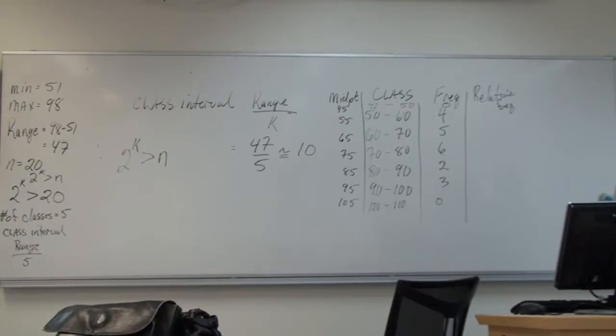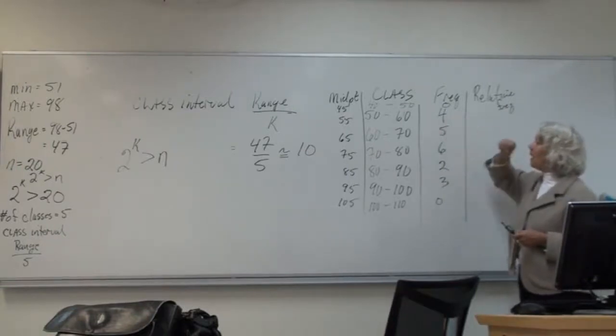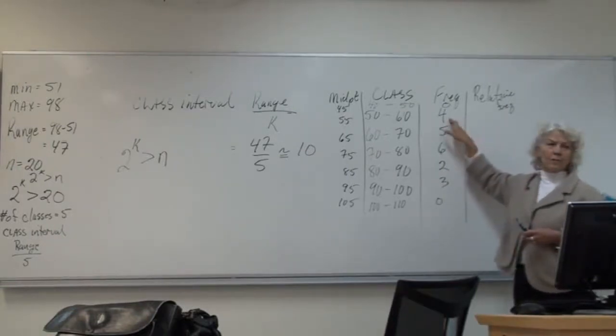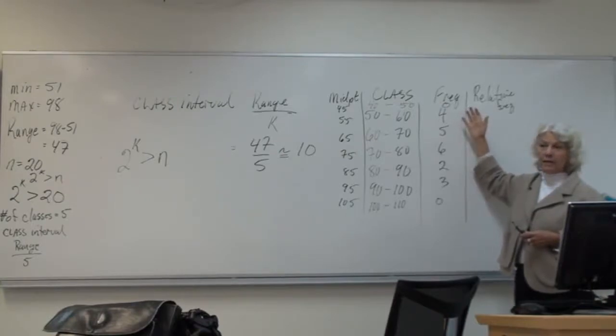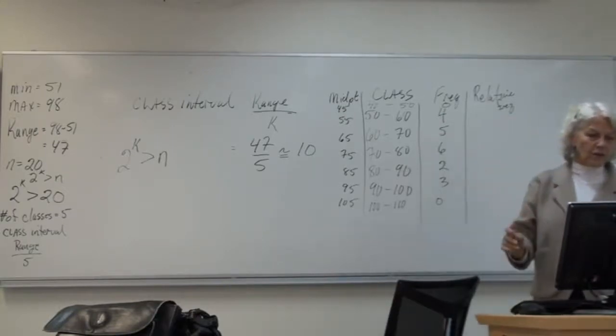It's a probability. Okay, so here, how would I know what percent of the oil changes were done from 50 to 60? What percent? What would I divide this by? 4 out of 20, yes?